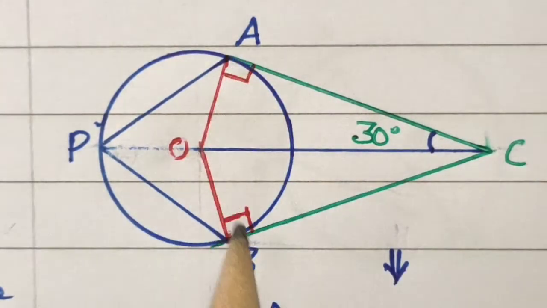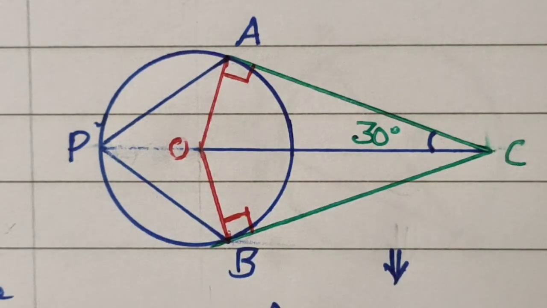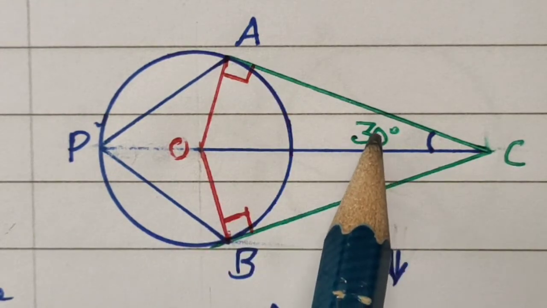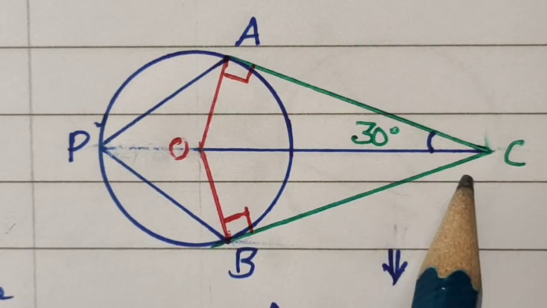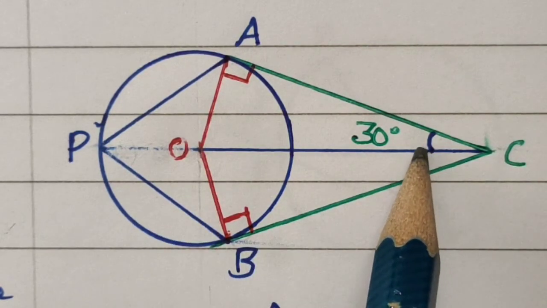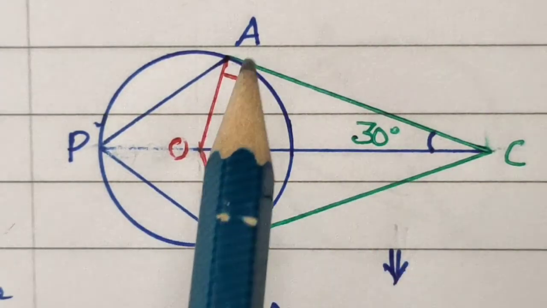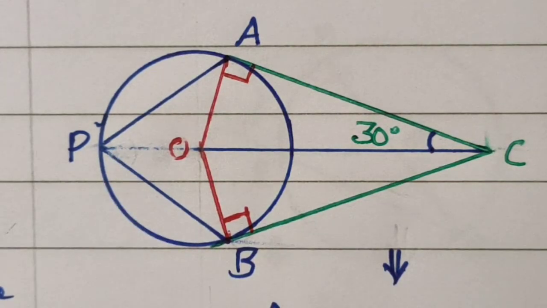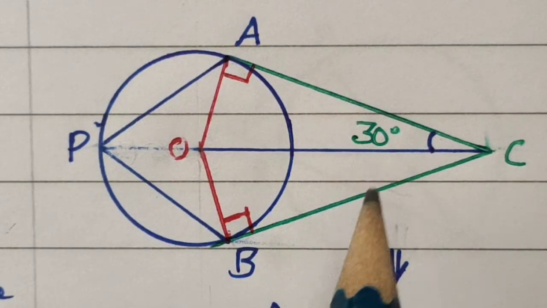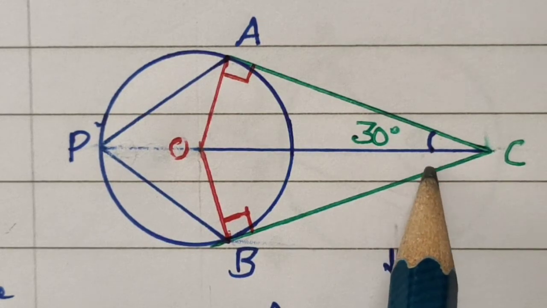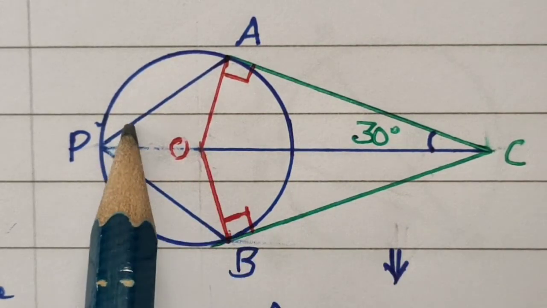The tangents from A and B meet at C. If the angle ACO is 30 degrees, we need to find the angle BCO and AOB. We need to find this angle and this angle. They are given just two tangents and one angle. We need to find this angle, this angle and this angle.